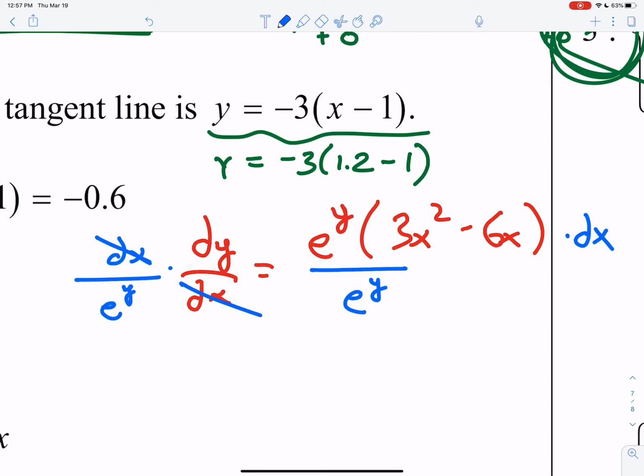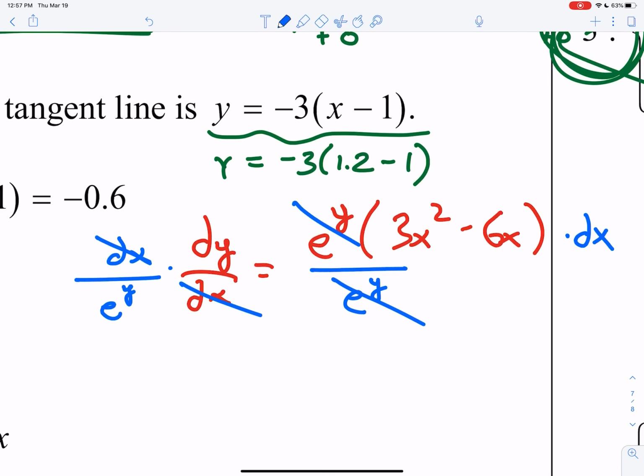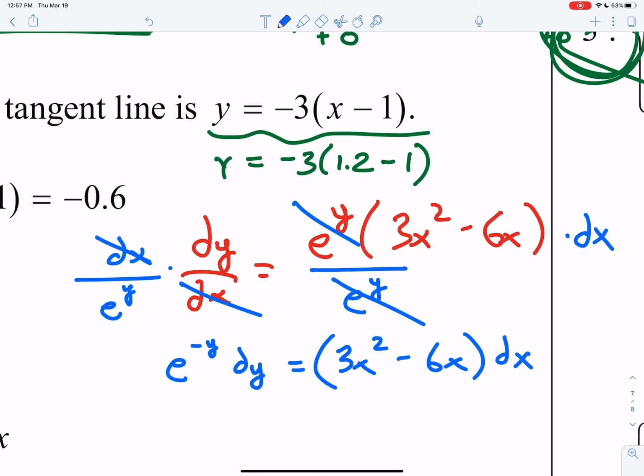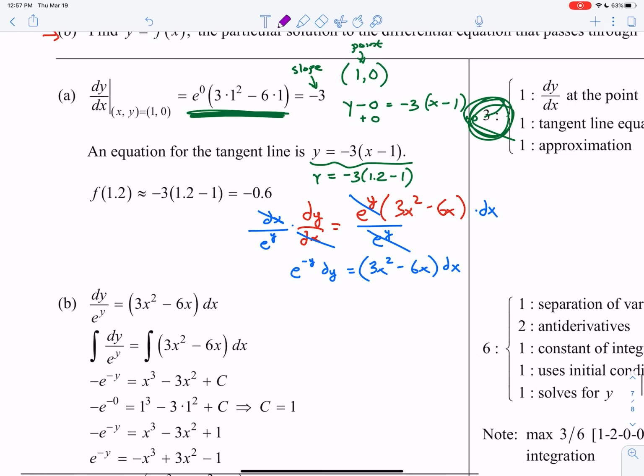On the left, I actually have 1 over e to the y dy, but I'll write it as e to the negative y dy. On the right side, I'll have 3x squared minus 6x dx. You got to know how to separate. If you can't separate, you're pretty much forfeiting the remaining 5 or 6 points. So make sure that you always rewind and go back if you need something repeated.